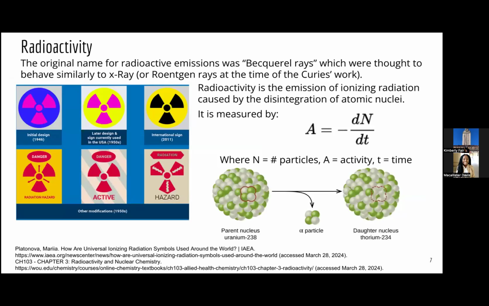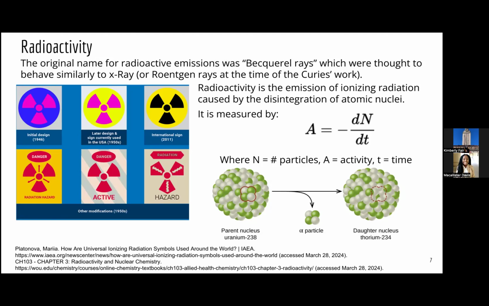So a little bit more about radioactivity, which I'm sure many are familiar with, at least vaguely. Initially, the name for these emissions was Becquerel rays after their discoverer, and they were thought to behave very similarly to X-rays. Radioactivity, by definition, is the emission of ionizing radiation caused by a disintegrating atomic nuclei.